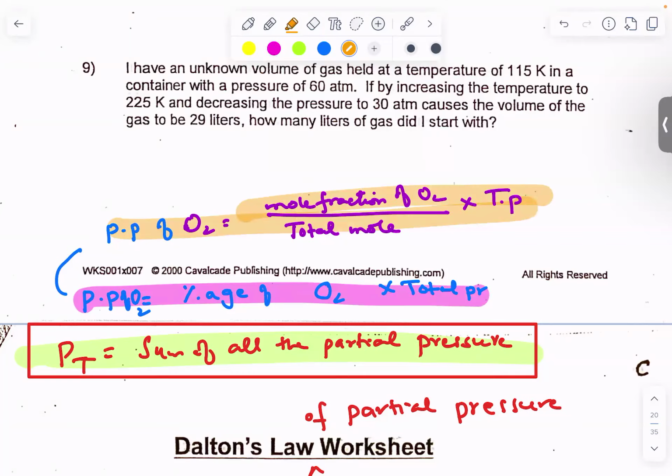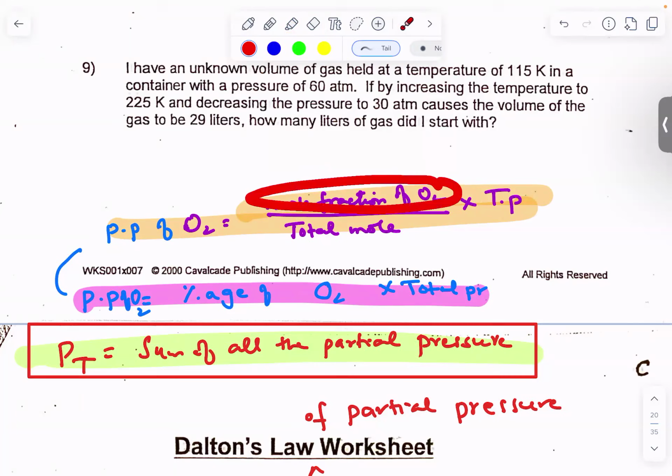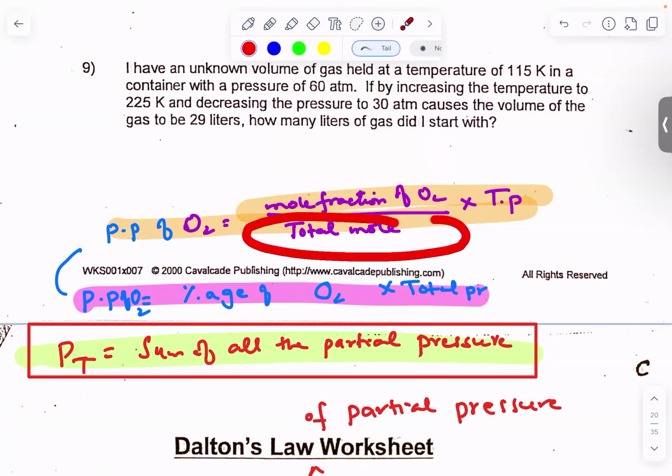Maybe in the upcoming question, they will give you moles of different things, right? Let's suppose they give you moles of oxygen, moles of ammonia, moles of nitrogen. And then they ask you for the partial pressure of nitrogen. So what you are going to do, you will put the moles of nitrogen in the numerator, and you will put down the moles of all the species, moles of nitrogen, moles of oxygen, and moles of ammonia, times total pressure.